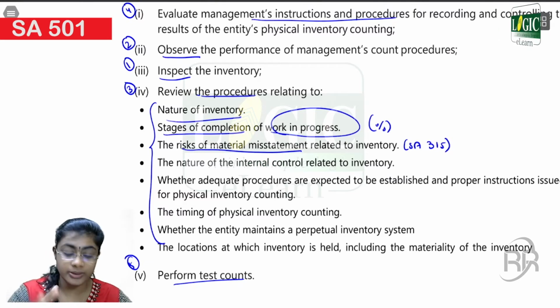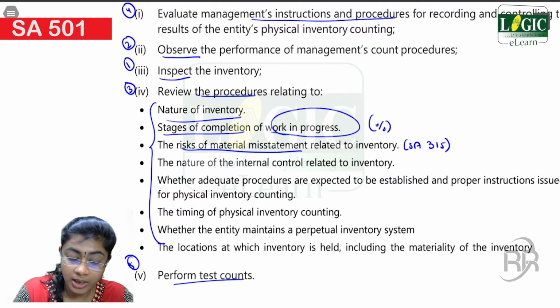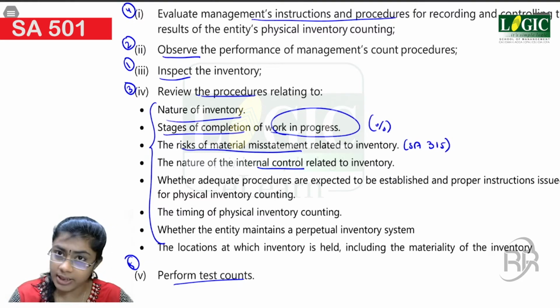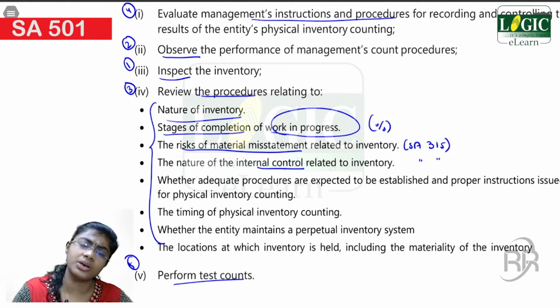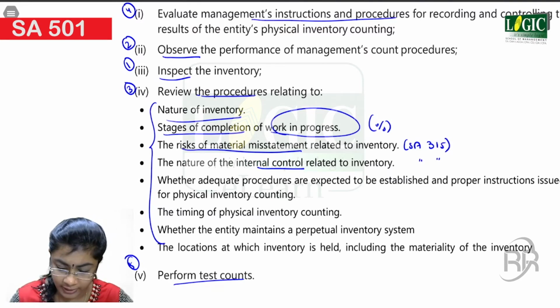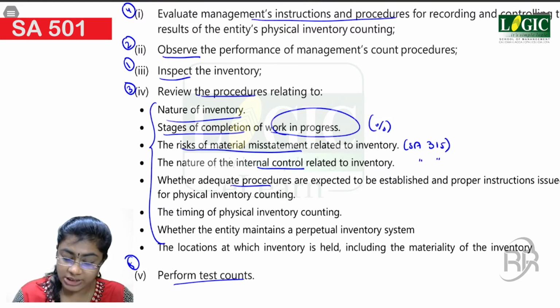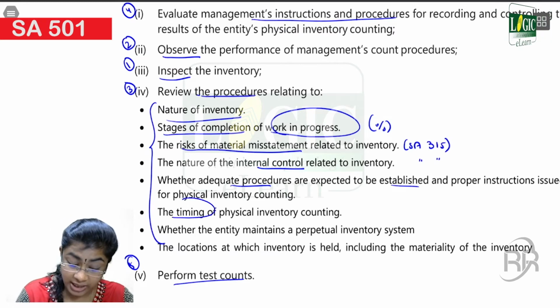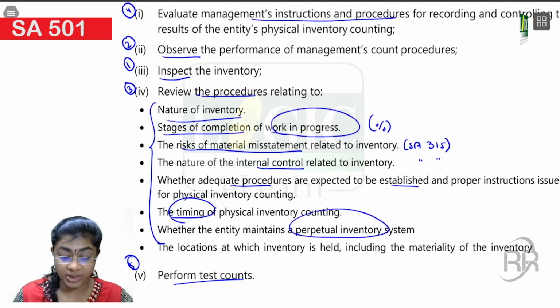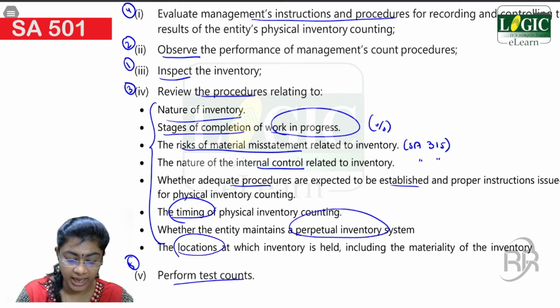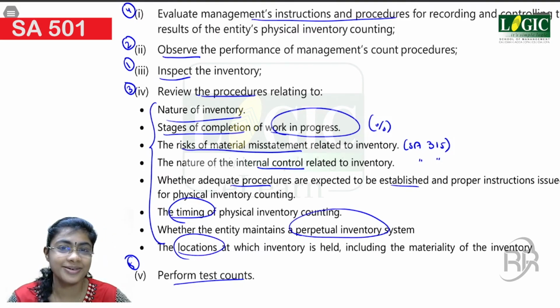ROMM, SA 315. Various controls related to inventories. Again, internal controls with respect to SA 315. Whether procedures have been established, timing of counting of inventory, whether a perpetual inventory system is maintained, and the locations.